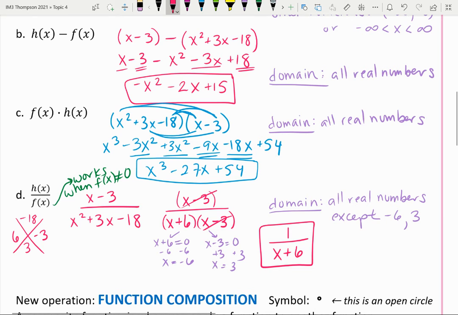Any questions that I can help with on D? Nah. All right.